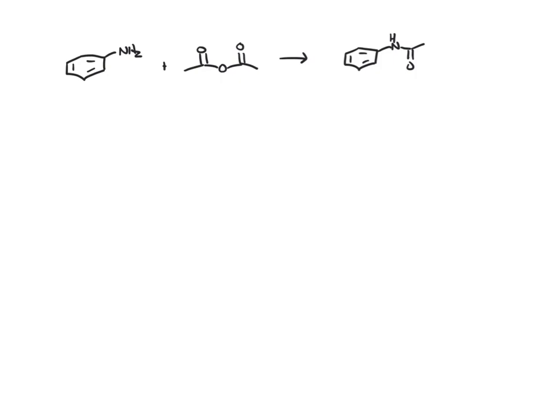So let's go through how this reaction works. I'm going to abbreviate aniline as just PhNH2. And just to keep it consistent with the other reactions we've done, let's start with acetic anhydride as our primary reagent.